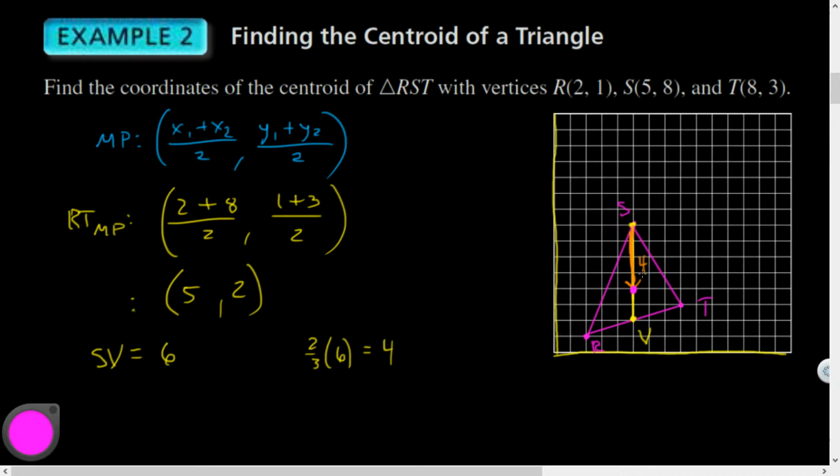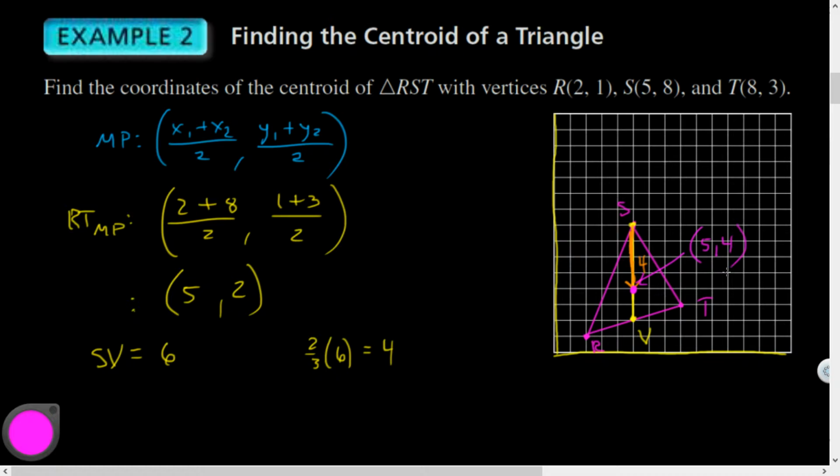So what point has a y coordinate 4 less than S? S was at 5, 8. What is 4 units below that?